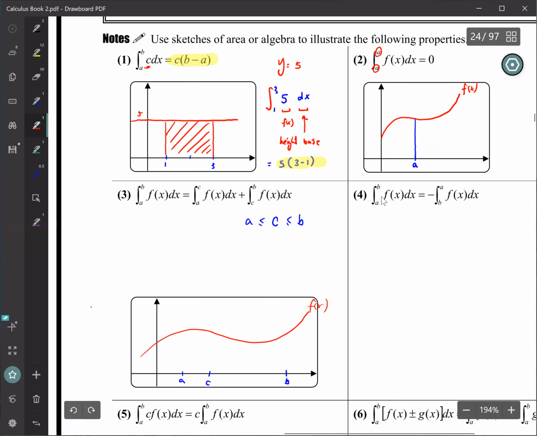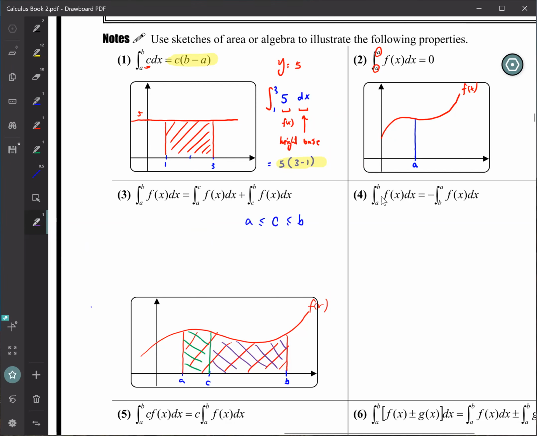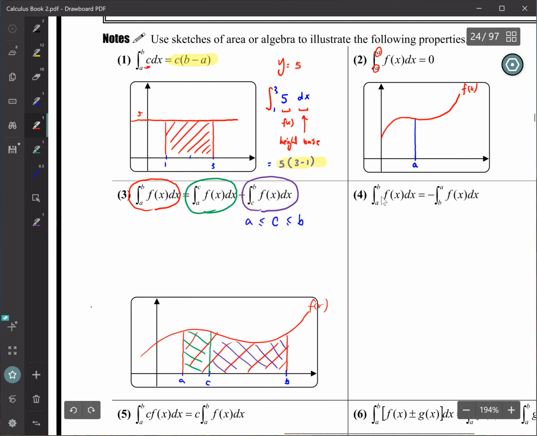So a to b, this whole area, the red one, will equal the green one plus the purple one. The purple one is c to b, the second integral, and then a to c is the green one. Add together, they give you the red one. I think with color it's much easier to see.